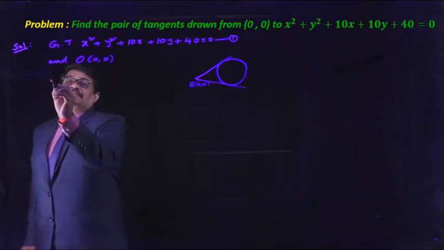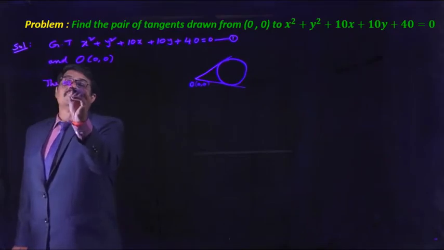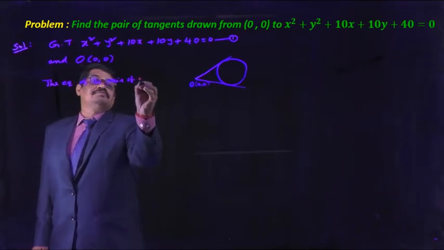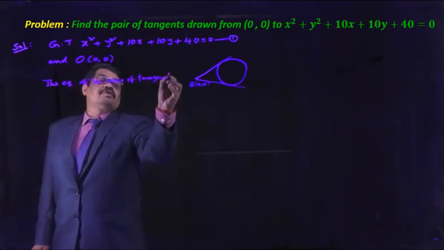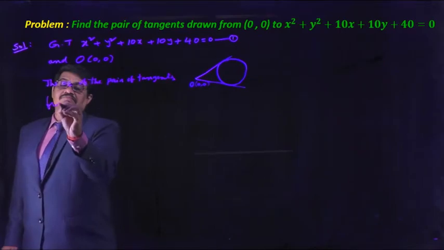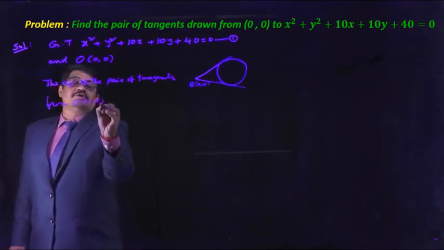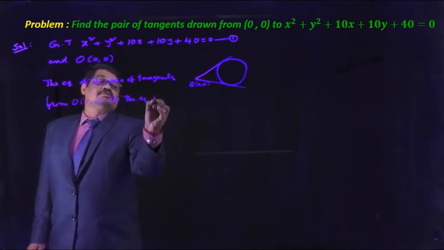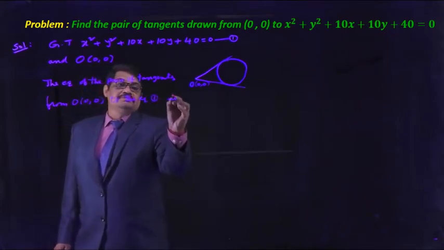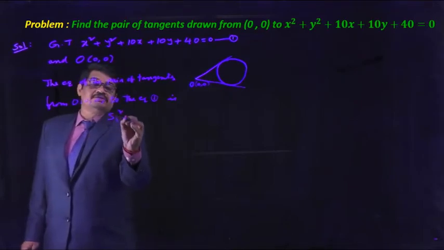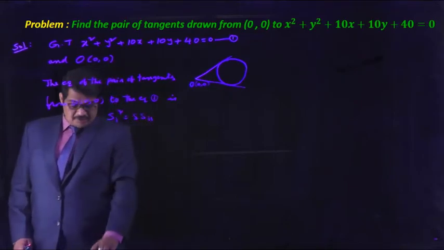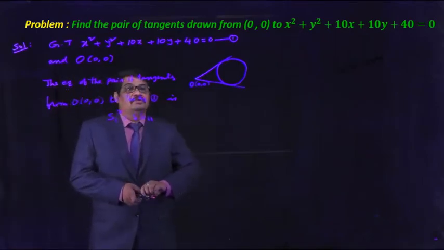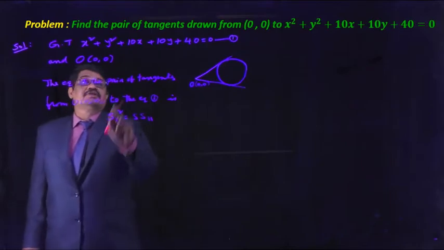Now we are writing the equation of the pair of tangents from the origin (0, 0) to the circle: S1 square is equal to S into S11. What is S1 for this circle?